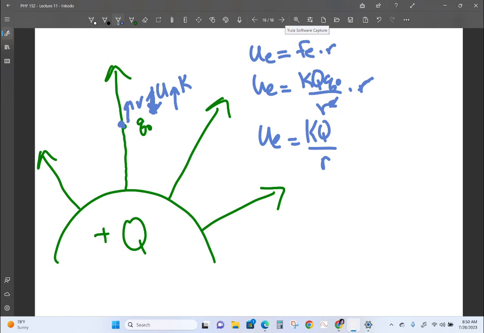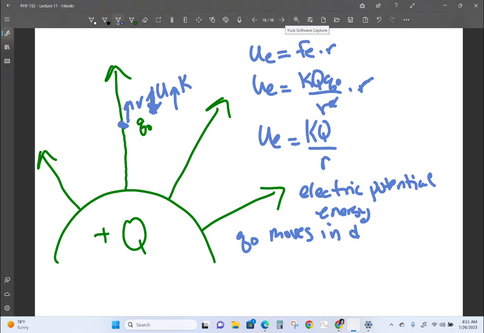But the point is that this point has a certain amount of electric potential energy. And if Q naught moves in the direction of the electric field, it will lose U_E, but it will gain kinetic energy. Now, it's a little tricky though, because the force is not constant along this line, right?